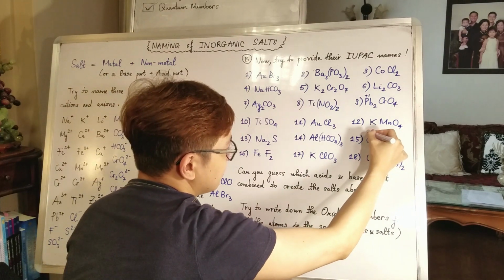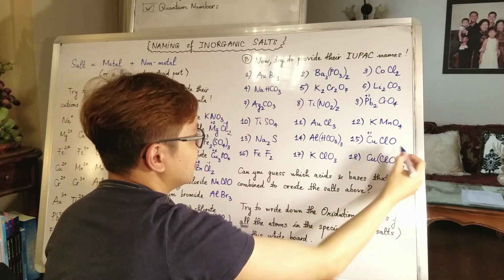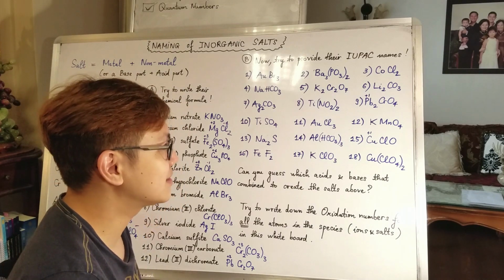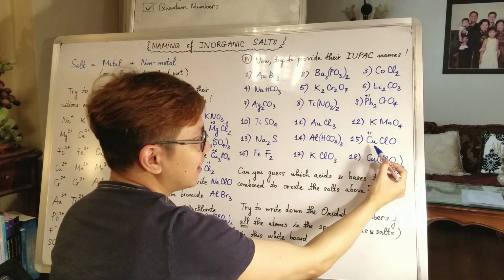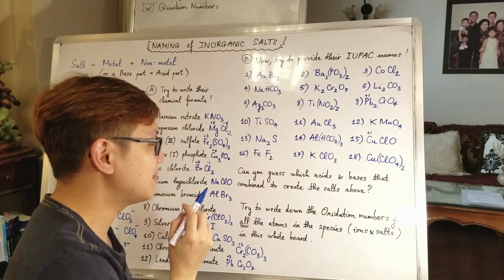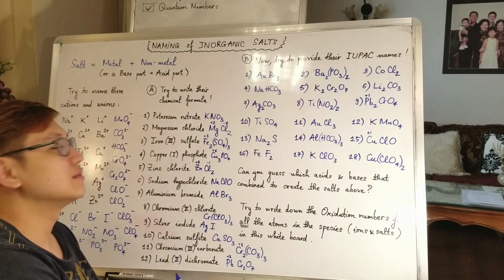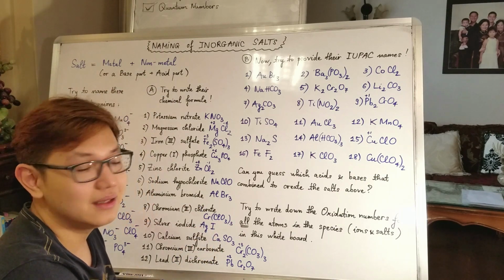What copper is this? It's copper 1, you can see here. Copper 1 hypochlorite. Remember, chlorite and chloride are different. One is a T, one is a D, and they are different things.